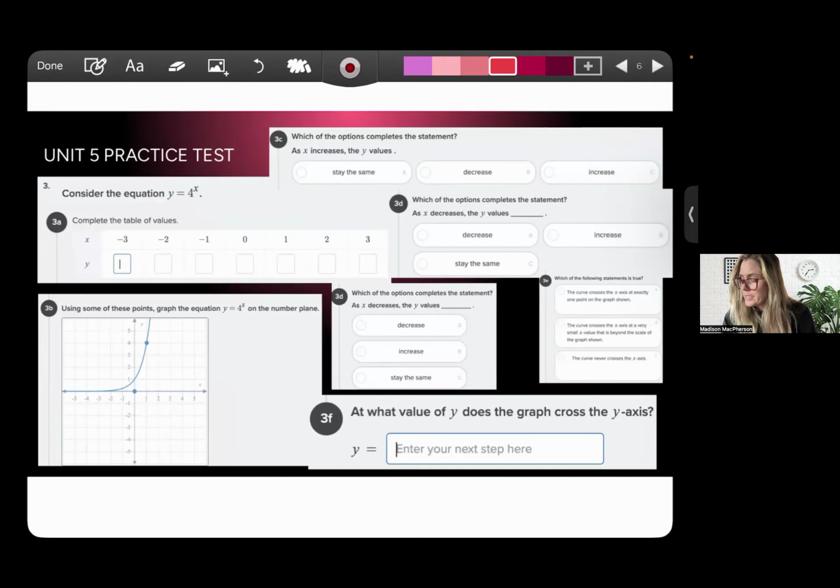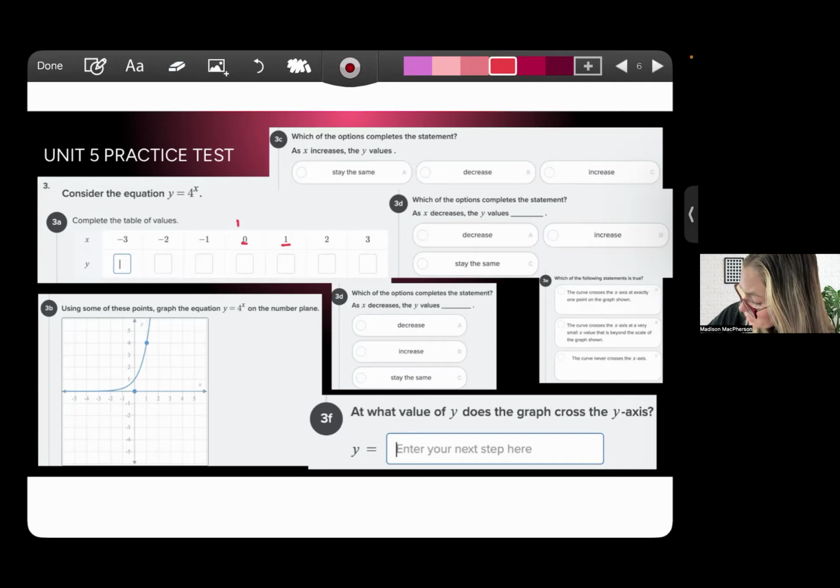Okay, number 3, consider the equation y equals 4 to the power of x. Complete the table of values. Okay, so this is going to take some work to fill in this table. So let's start here at the ones that are easier. So first, these numbers in the table are going to be plugged in for x.